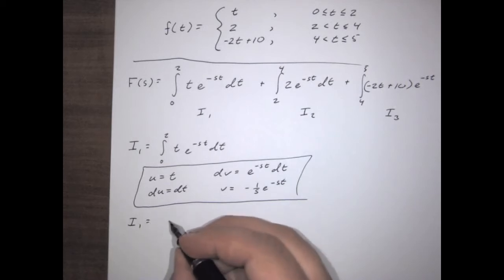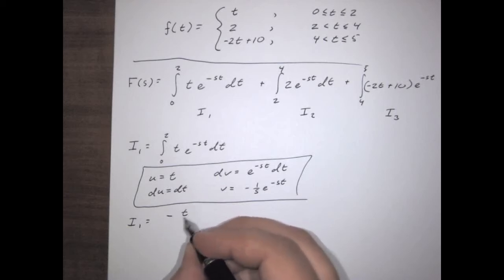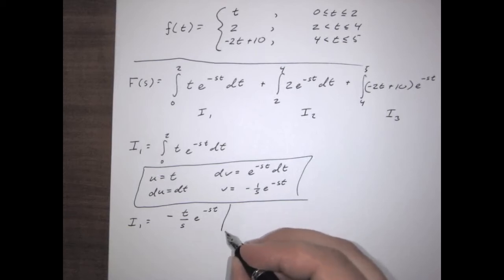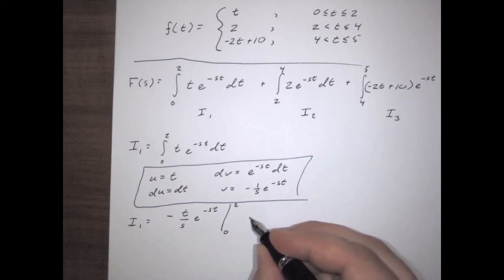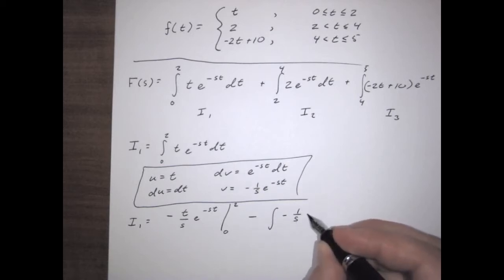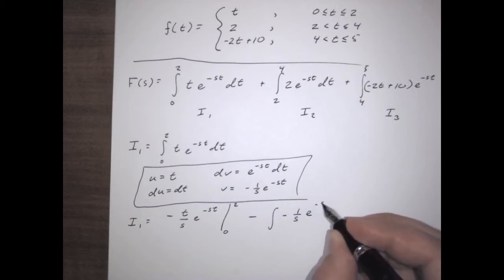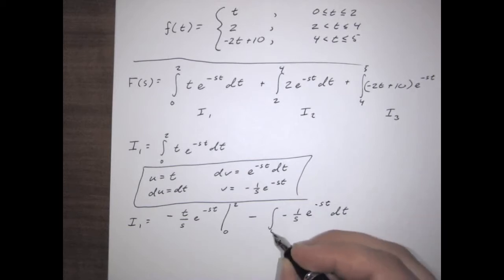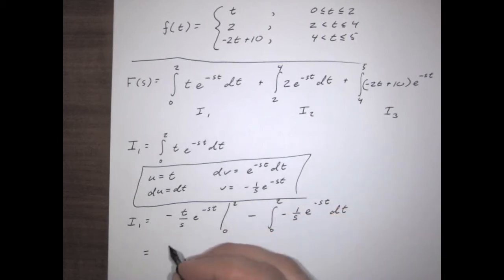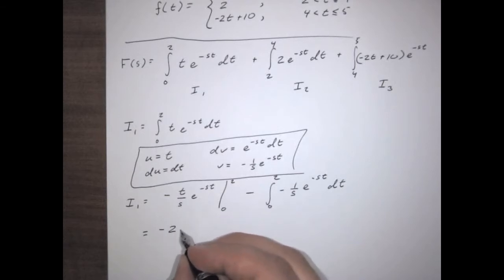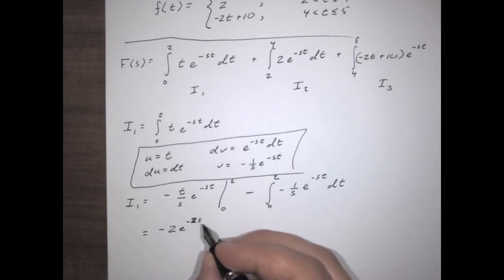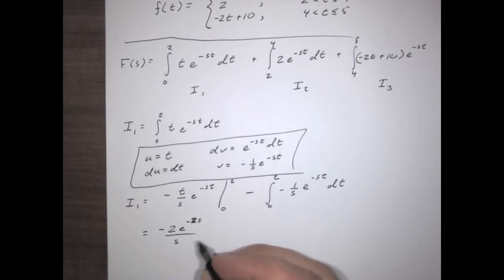I1 is going to equal uv, so it's going to be negative t over s e to the negative st, and that's going to be evaluated 0 to 2, minus the integral negative 1 over s e to the negative st dt from 0 to 2. So here, when we plug in 2 for the t, that's going to be minus 2e to the negative 2s over s.